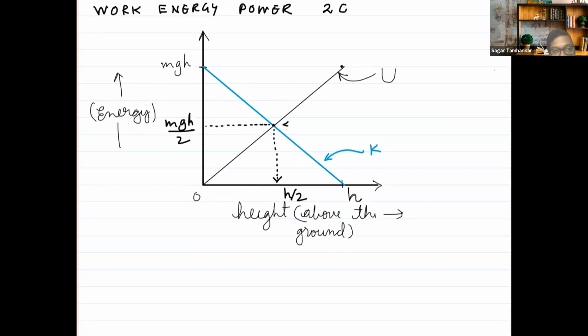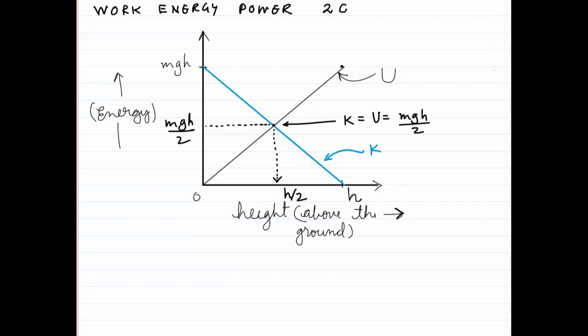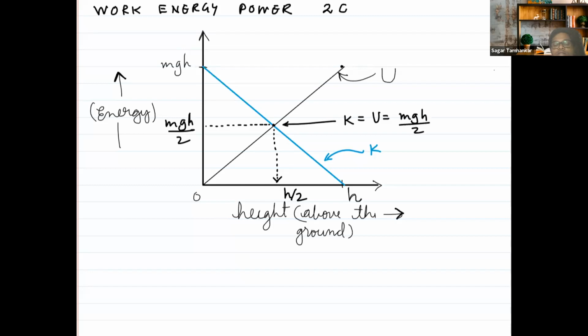So at this point, the kinetic energy and the potential energy will be equal, and they will be half of the total energy. Okay, I want you to draw the blue line, both the lines. In fact, whatever you see on the screen, I want you to take it down right now.